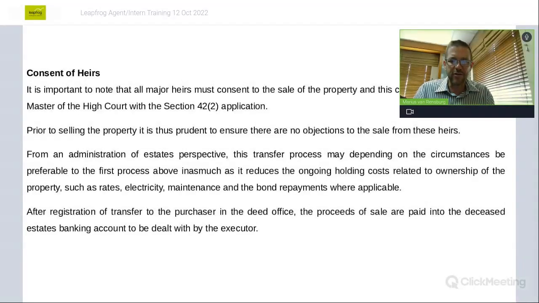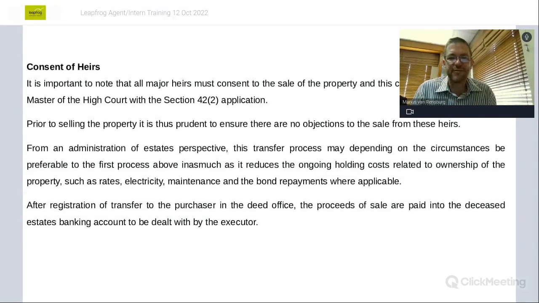Is it possible now to sell the property, or has the process moved that much further on that it's better to simply sell from the heir to a third party purchaser? And again, that's an assessment that we need to try and make sense of.